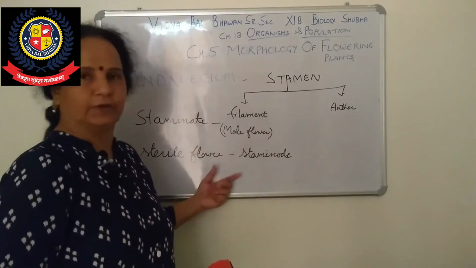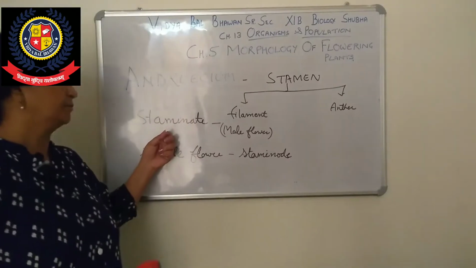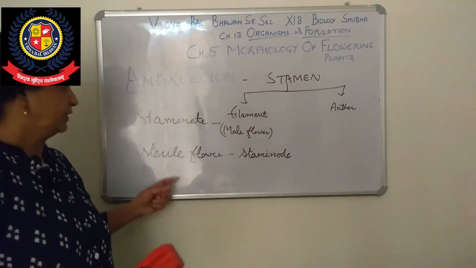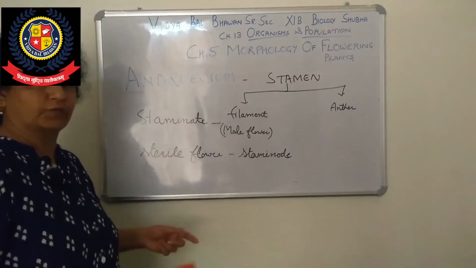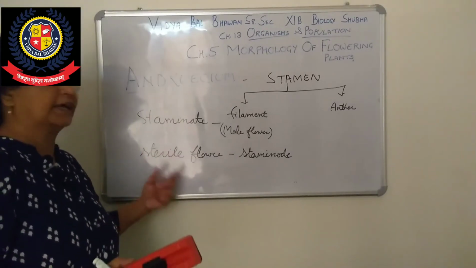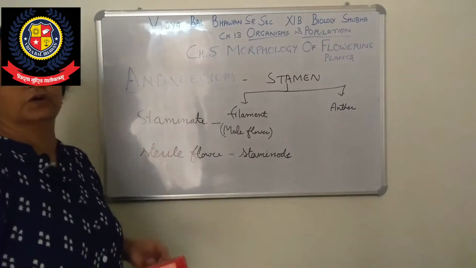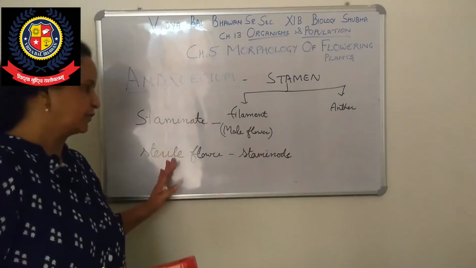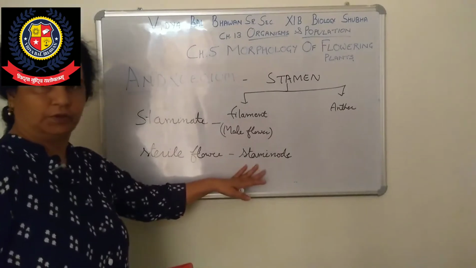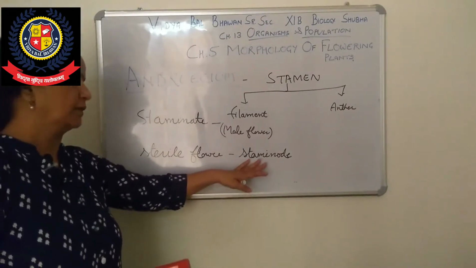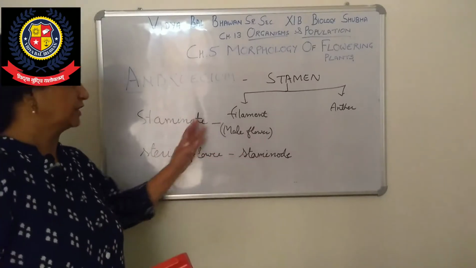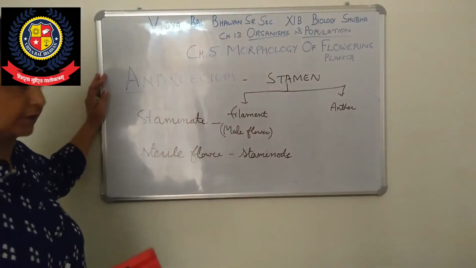That's why it is called sterile. So staminate means only androecium is there, a male flower. But when the androecium is not able to produce male gametes, then it is called staminode, because they are not able to produce pollen grains. Right? These are the new terms. There are a number of terms in this chapter, we'll see.